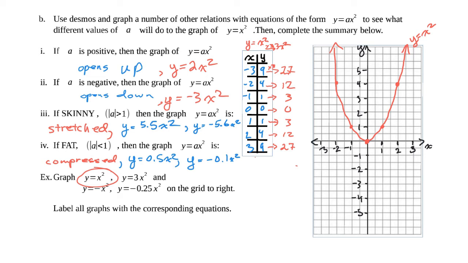Now, we only have a few points that we can work with here. For this one, the first point I'm always going to start with is 0, 0, because it's the easiest thing to draw. I'm going to draw this in blue. So y is equal to 3x squared. We start at 0, 0. We go over to position 1. Instead of 1 and 1, we're going 1 to 3.